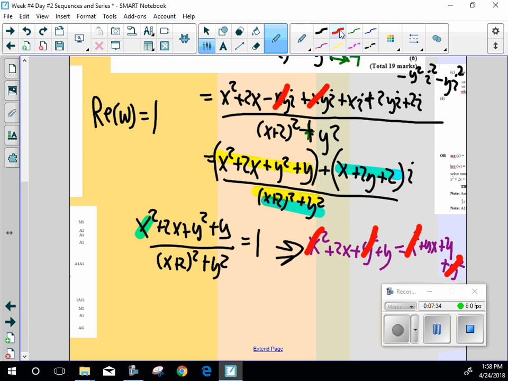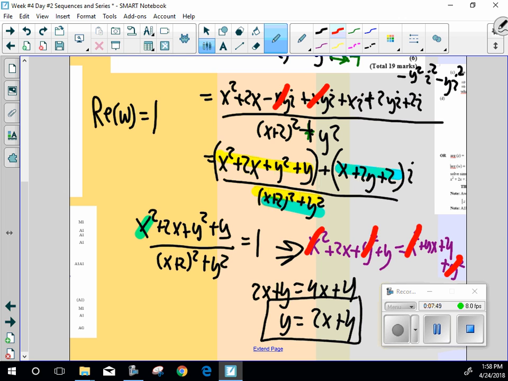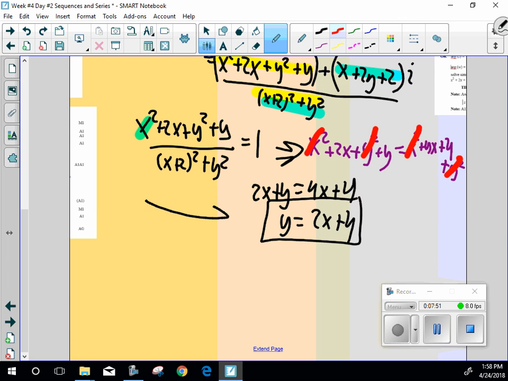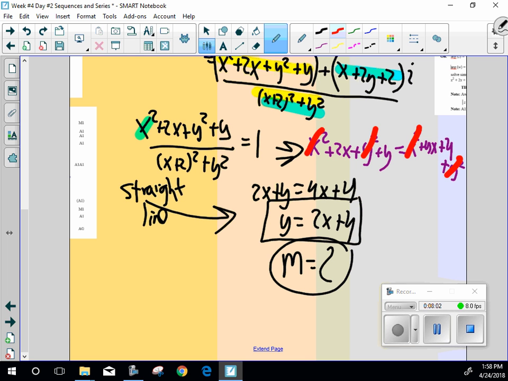So all that's left is 2x plus y and 4x plus 4. And y is just going to be 4x minus 2x, which is 2x plus 4. There's the equation of a what? Straight line. And then they had the gall to ask for what else? The gradient. And what's the gradient?